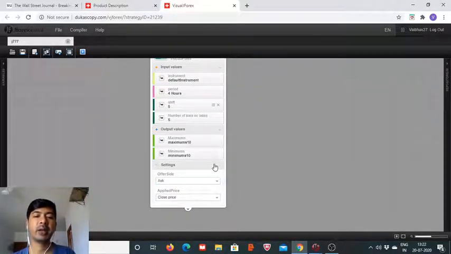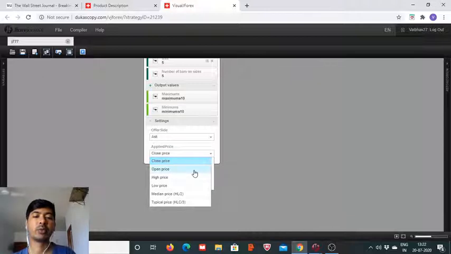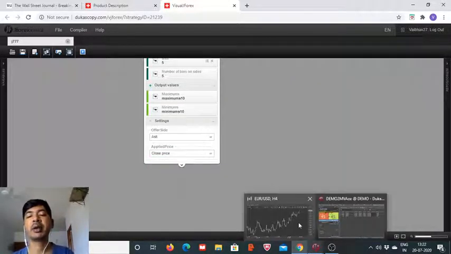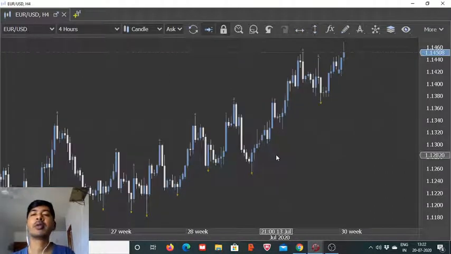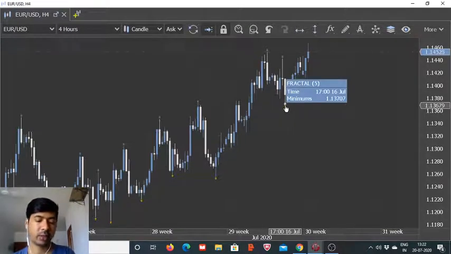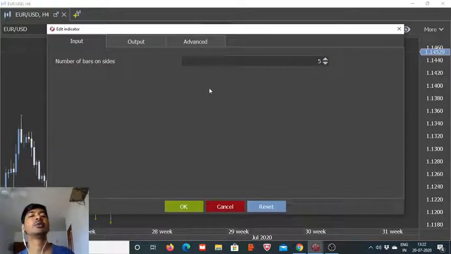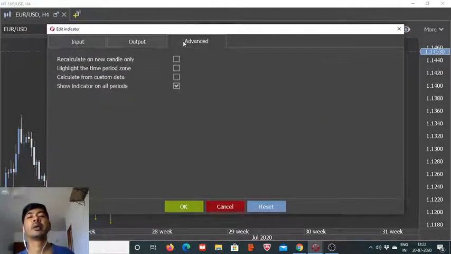The price can be different, like you can choose the closing price, you can choose open price, high price, low price. So we will have different values, different times when the minimum and the maximum values will be recorded, depending on how we are going to choose these settings.